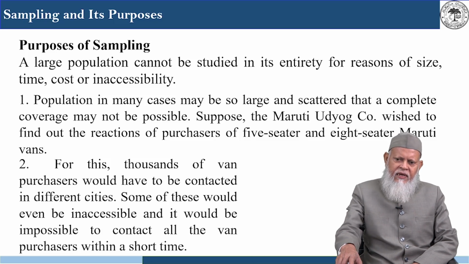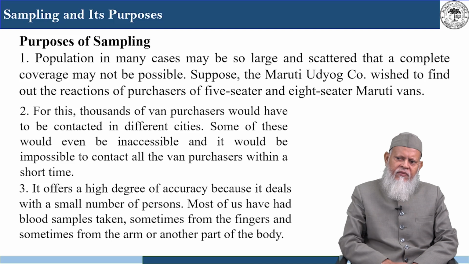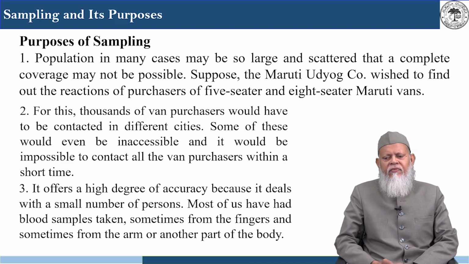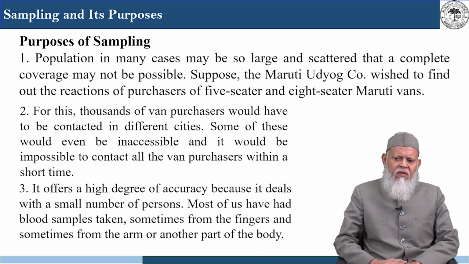Here we have given the example of Maruti Udyog, which produces cars and vans. They are spread all over the country, even abroad, and may be in millions in different cities, so it would not be advisable to go for a census study. In this case, we have to make a sample.